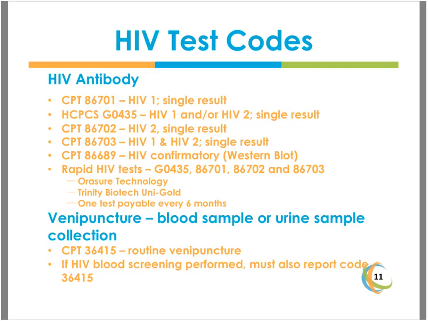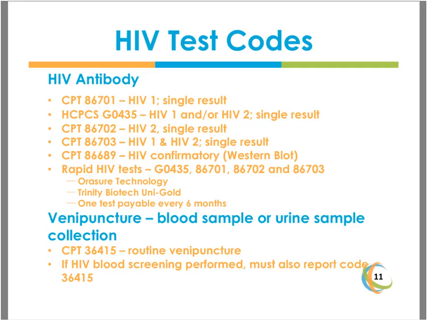The HCPCS code G0435 is used to report the HIV-1 and HIV-2 single result test. So your local Medicaid state agency would determine which code or codes you would use to report the HIV antibody.